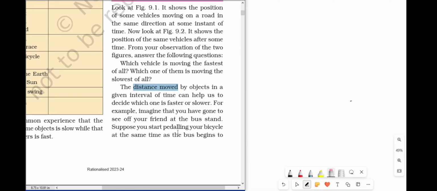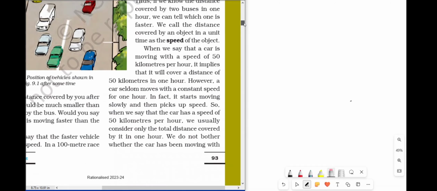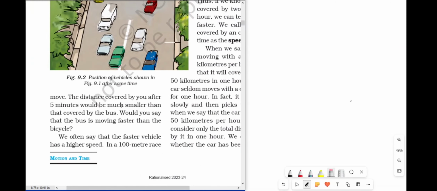Suppose you start pedalling your bicycle at the same time as the bus begins to move. The distance covered by you after 5 minutes would be much smaller than that covered by the bus. Would you say that the bus is moving faster than the bicycle?